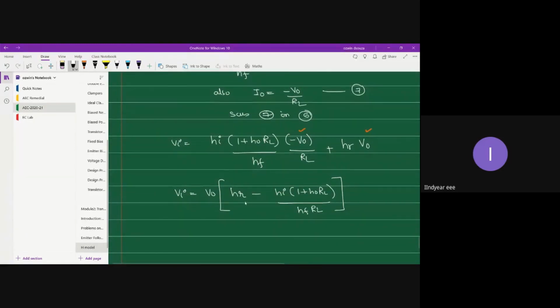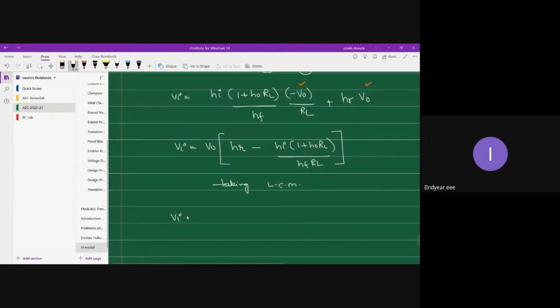Or you can take the LCM, taking a common denominator, which gets you Vi is equal to V naught times Hr Hf RL minus Hi into 1 plus Ho RL, divided by Hf RL.